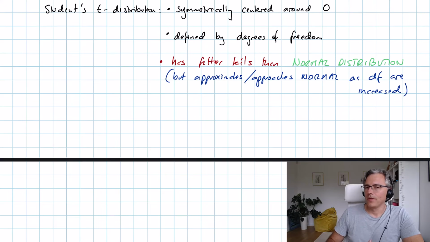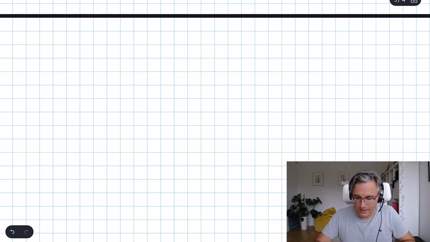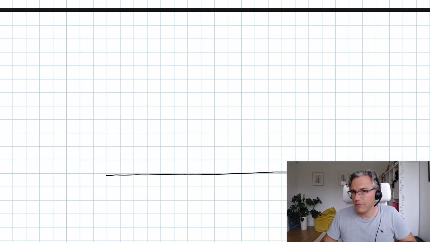Okay? Right, so let me just focus on that point a little bit, because I think it's an important result. I'm not sure if there's a chance that you'll be tested on it, but I think it is important nevertheless. The normal distribution and student's t distribution are both symmetrical, and if you drew one and the other, the shape could be similar.